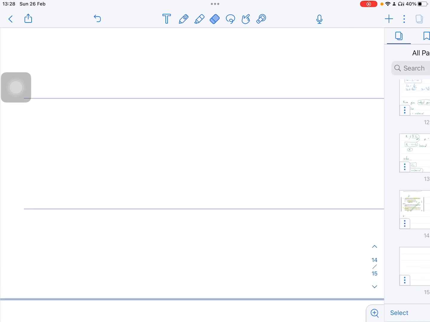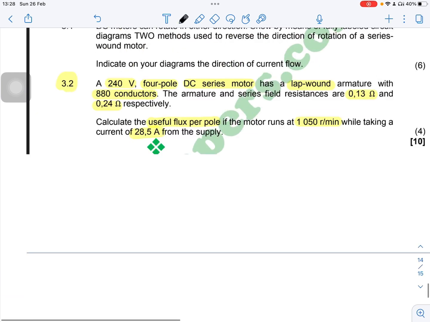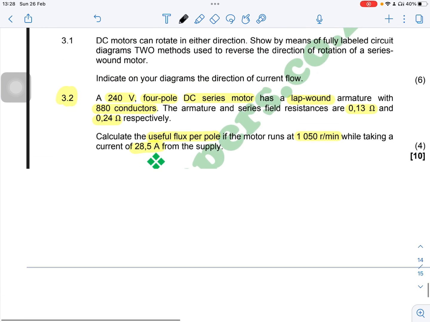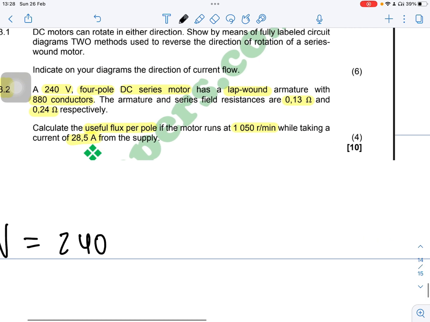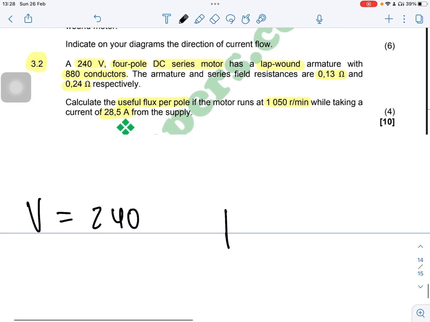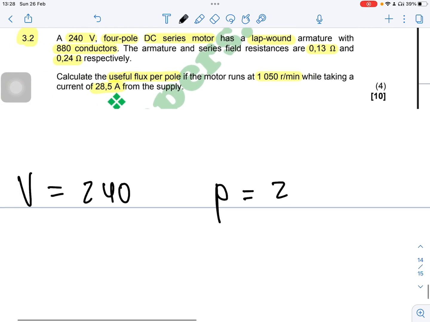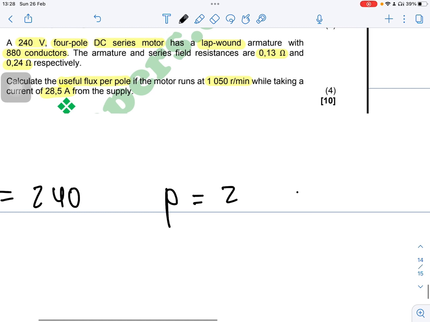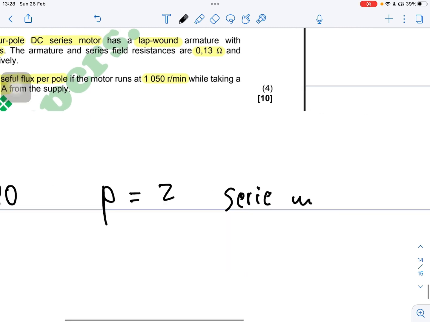So guys, let us first write down the givens. We are given a supply voltage of 240 V for the motor. Then we are told it's a 4-pole motor, meaning the pole pair is 2. And it's a series motor.